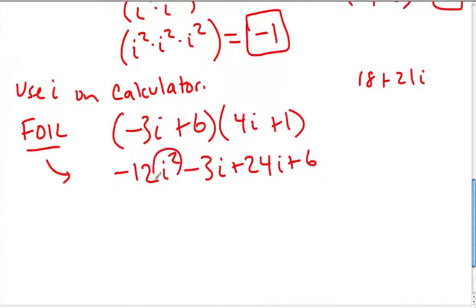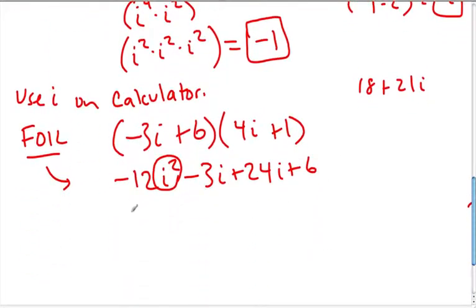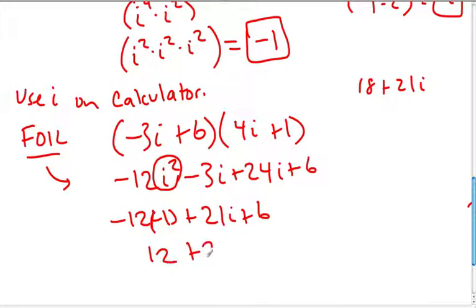Well, right here we have an i squared. And these are like terms. Well, i squared, the fundamental rule that we saw earlier was that i squared equals -1. So that's going to be -12 times -1. And then we're going to simplify that to become positive 12, plus 21i plus 6. And then we just pull it over and it becomes 18 plus 21i.